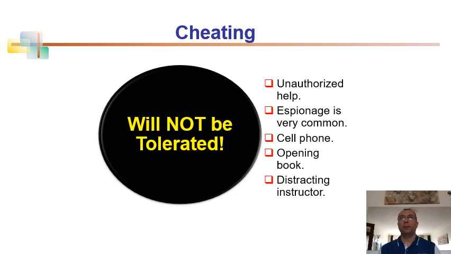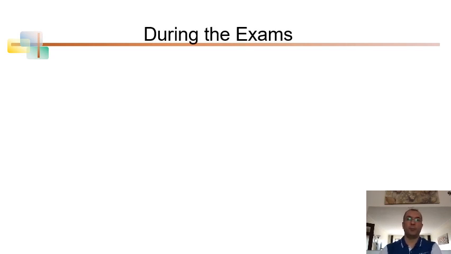So basically this course is very easy, and I know that at the current time we have lots of other priorities than the course, but we still have to be fair. So as long as you don't cheat, I think you should be fine. But cheating will not be tolerated.